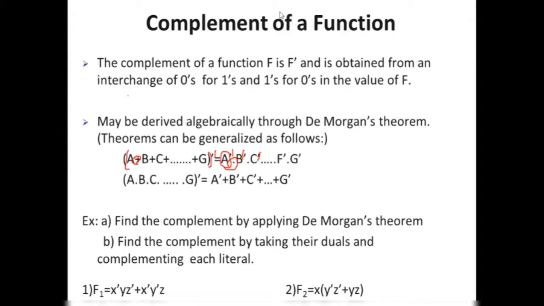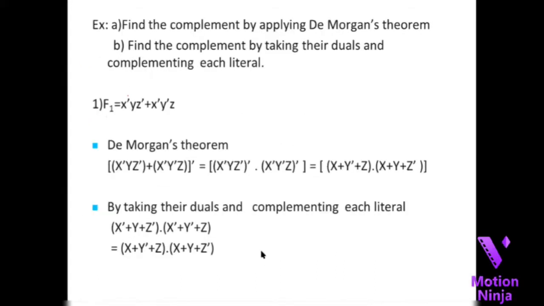So when you are complementing a function, you can do it by applying De Morgan's theorem. You can find the complement by taking the dual and complementing each literal. There are two main ways: you can either apply De Morgan's theorem, or take the dual and complement each literal.